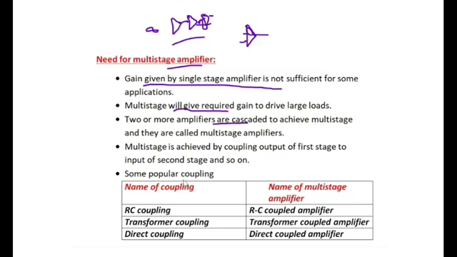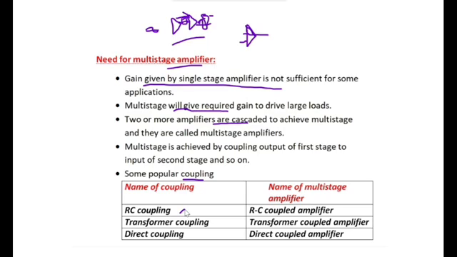Some popular coupling devices: we introduce a coupling device in the middle of two stages, and the output of one stage is passed to another stage through these coupling devices. Some popular couplings are RC coupling.